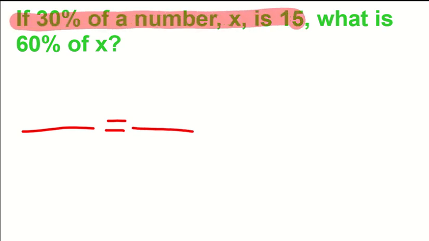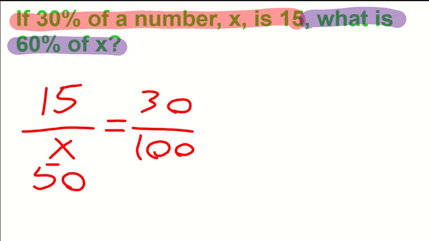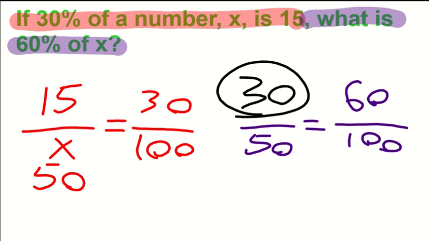All right, so right there, we got 30% of X is 15. Cross multiply, divide, x is 50. For the second part, now we need 60% of x. So we got 60 over 100 of x means the value we got for x goes right there. And like she said, we get 30. Any questions? Not horrible. It's just got a couple steps to it, right?